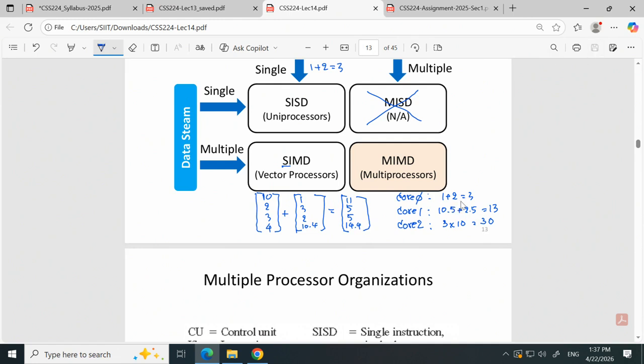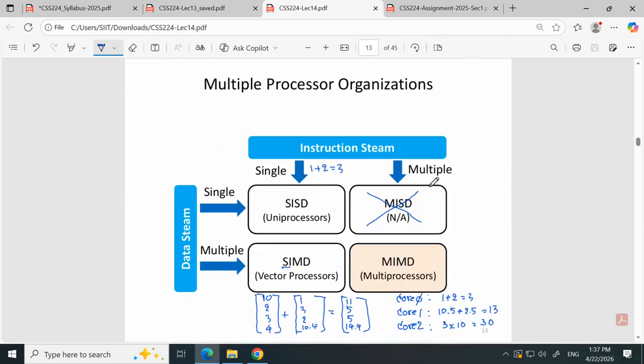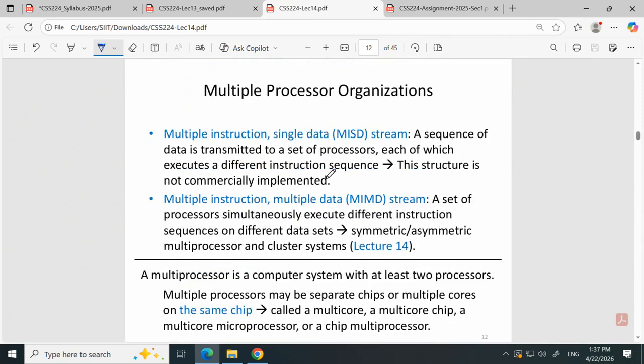You see, different cores compute different instructions and different sets of data, right? That's why we have multiple instruction, multiple data stream here. So if you understand this diagram, you will be able to understand all these bullets.